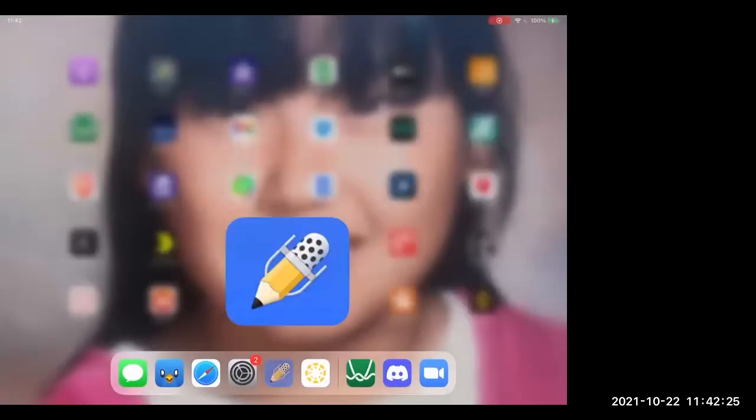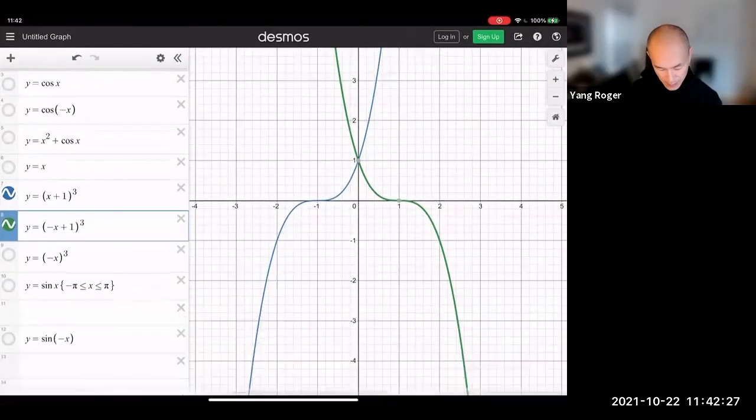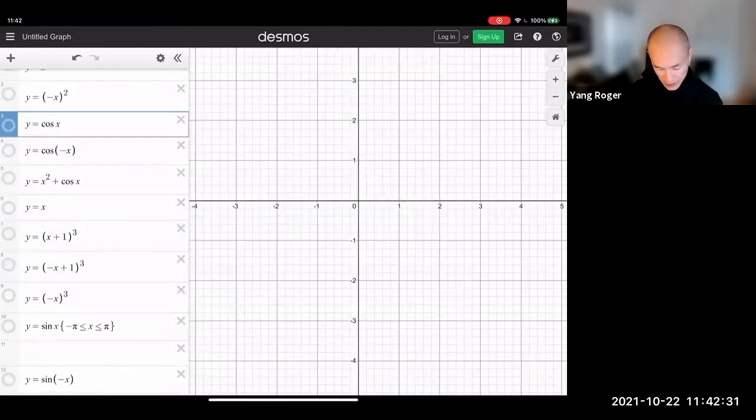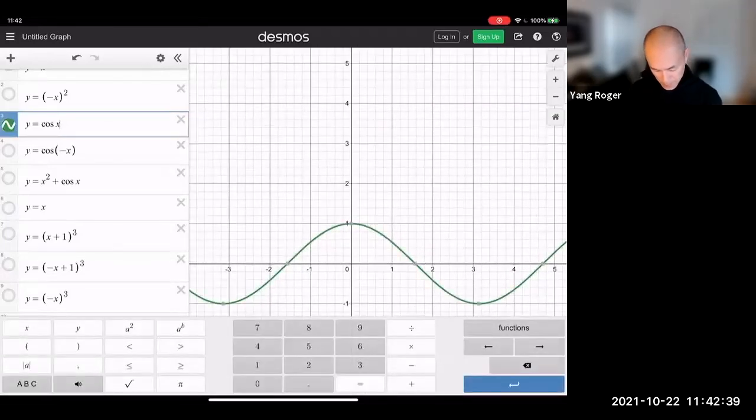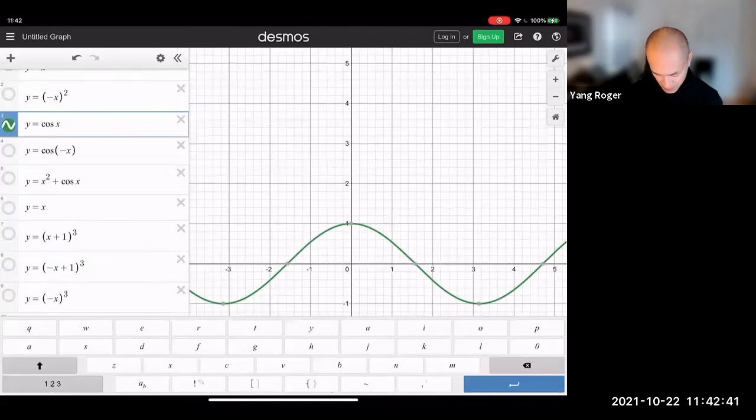Mhm. So it's kind of like when I showed you these examples of this even function here. Do I risk doing this again? I will.